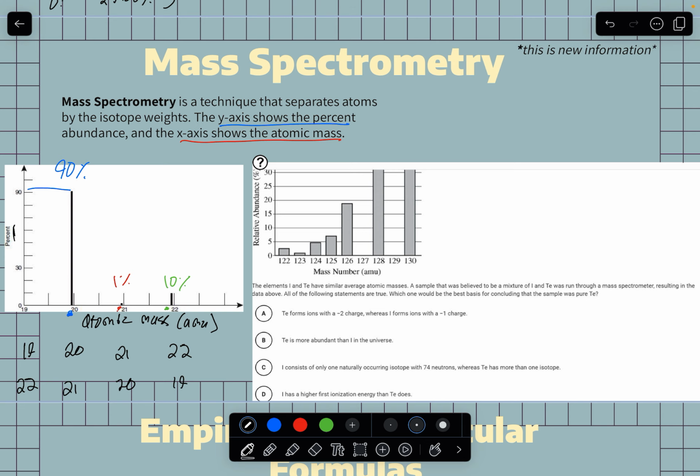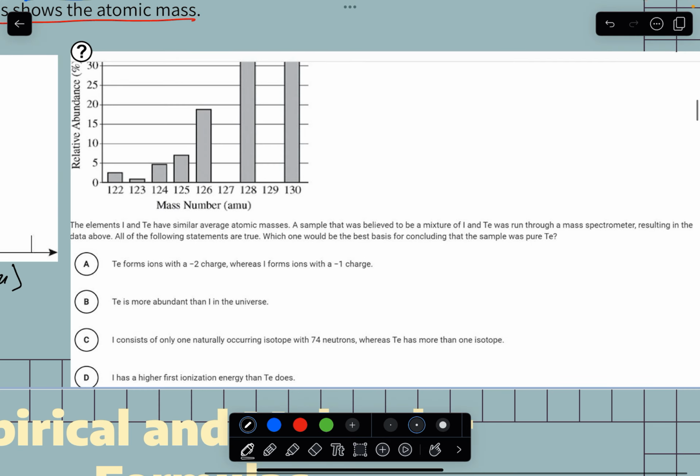Okay. But with these graphs, you could have something like this. This is a question that gives you a mass spectrometry graph, and it says the elements iodine and tellurium, I and Te, have similar average atomic masses. The sample was believed to be a mixture of I and Te, and was run through a mass spectrometer, resulting in the data above.